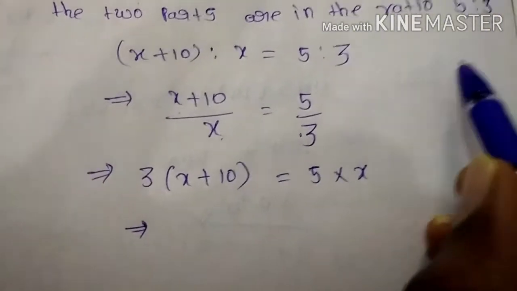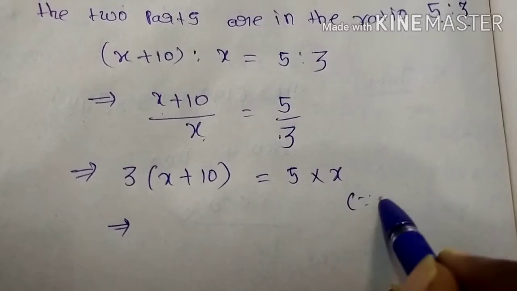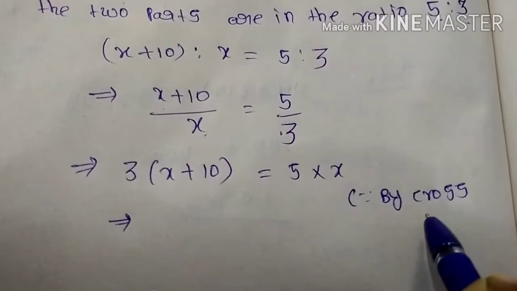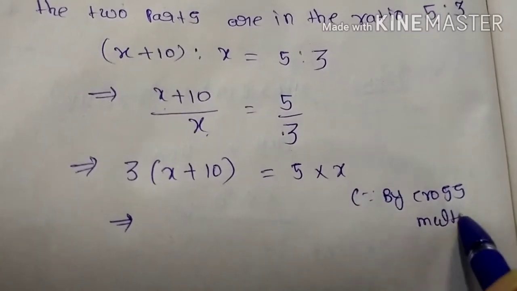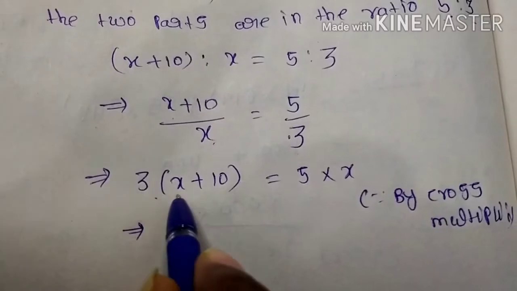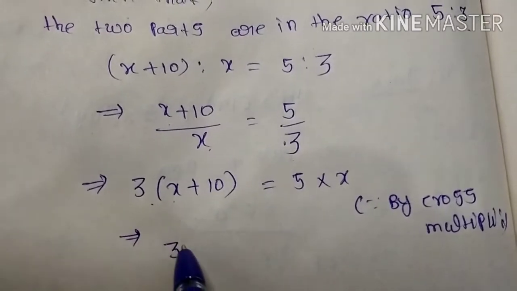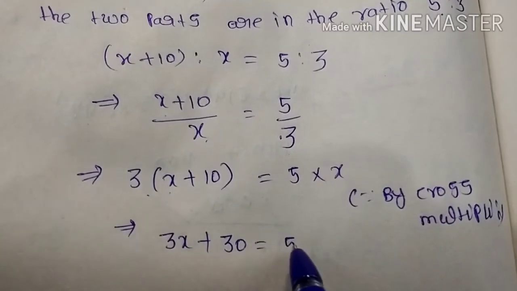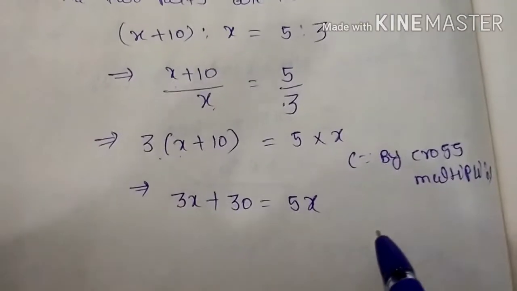By cross multiplication, 3 into x is 3x, plus 3 times 10 is 30, is equal to 5x.